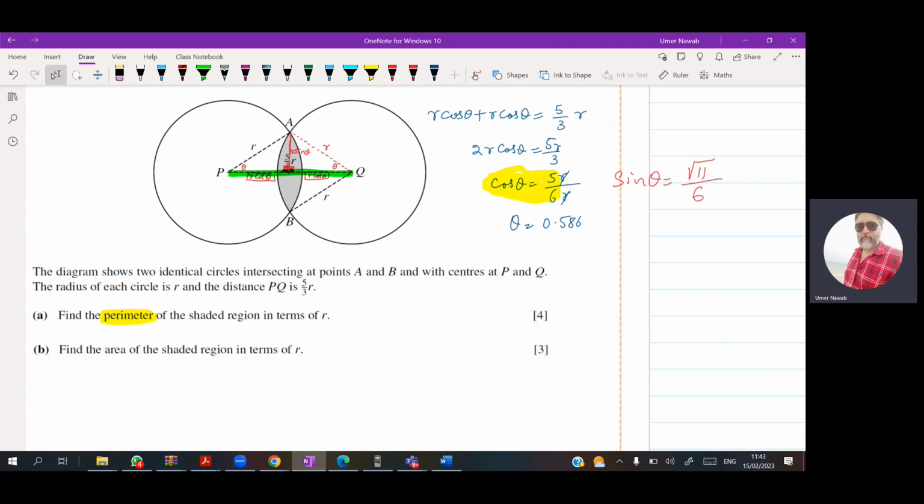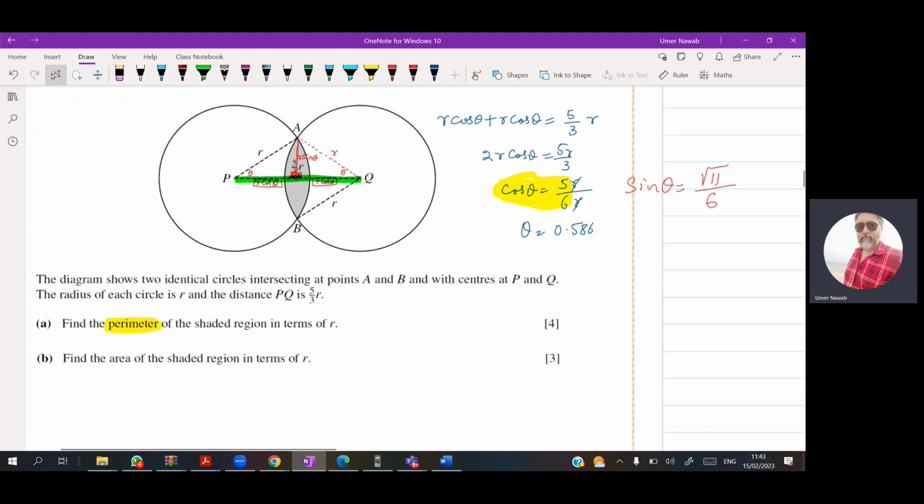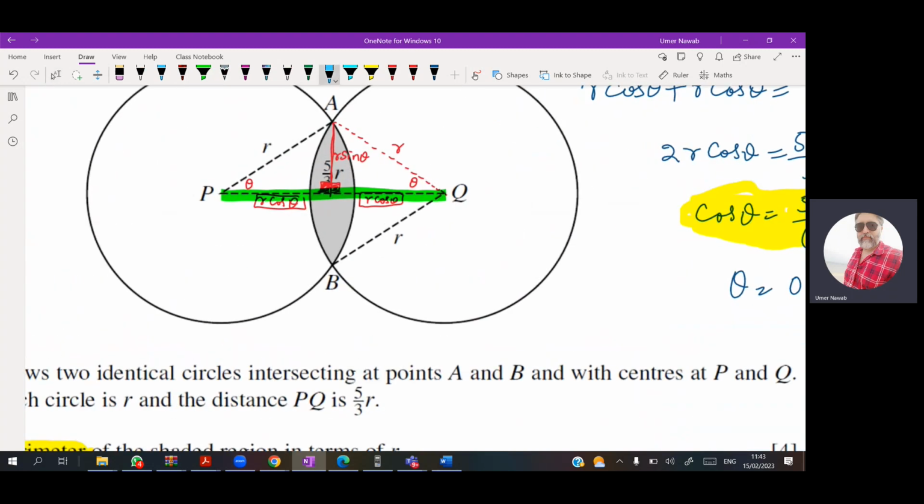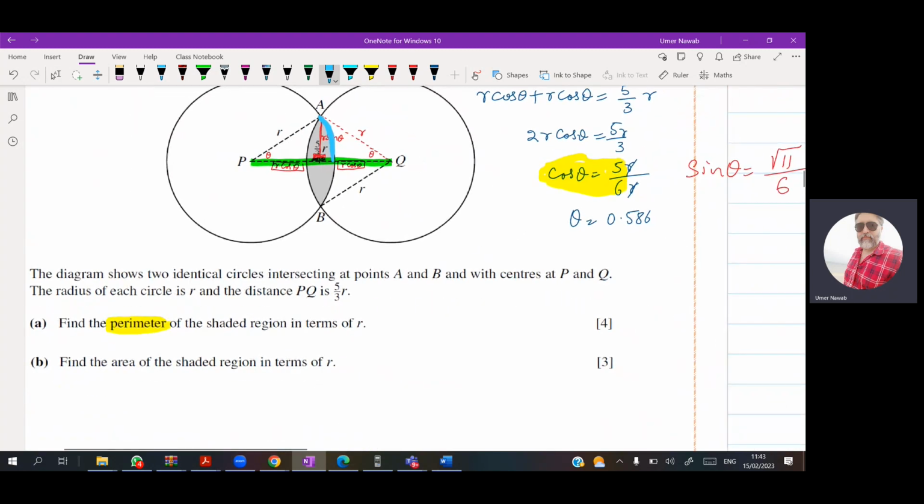So I want to find the perimeter. Why not I find only this, and then I multiply this blue arc with 4, because I find 4 congruent arc lengths like this. So I will just try to find this one. How much is it?